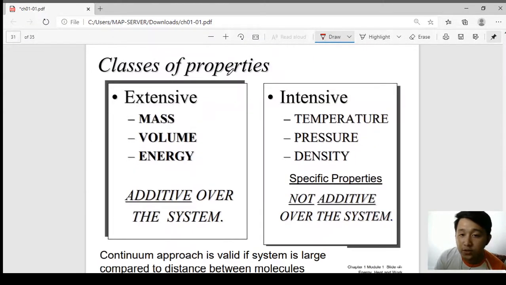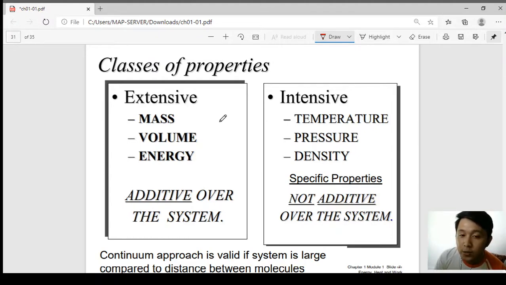So we have two kinds of properties: extensive properties and intensive properties. When we recall our chemistry, extensive properties are properties that are dependent on the size of the system.